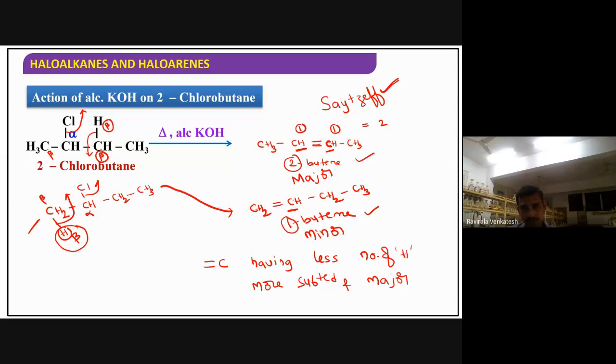What about Parth? This double bond carbon having how many hydrogens here? Parth, if you don't reply, what happens? I will put absent. Then don't say network problem.